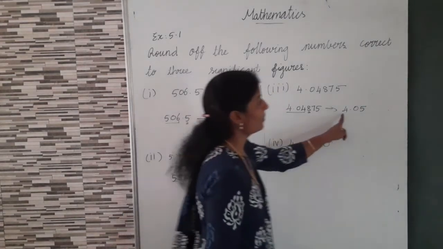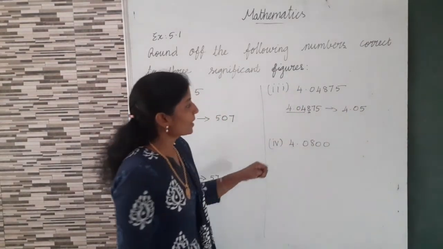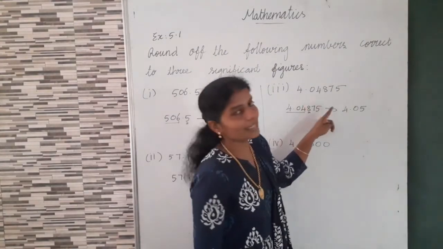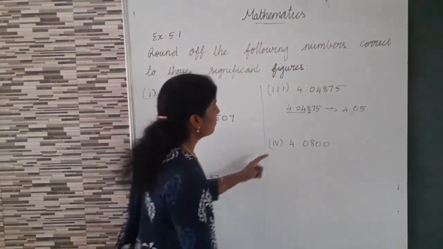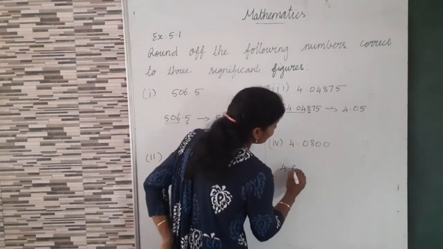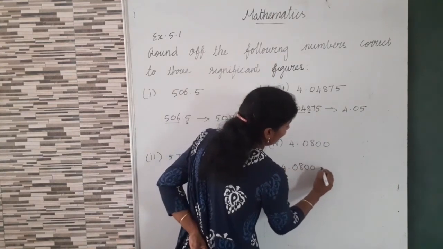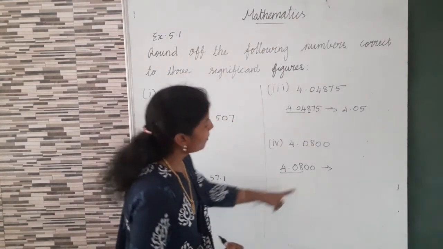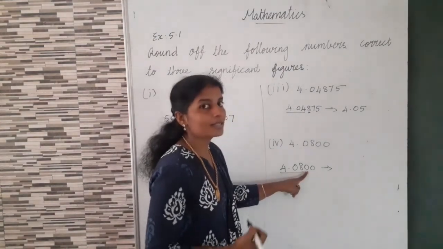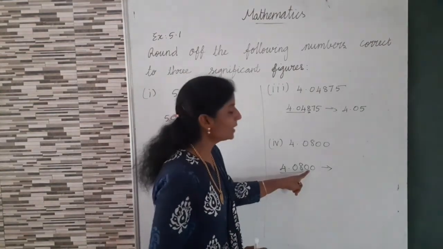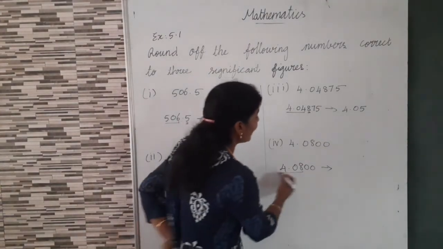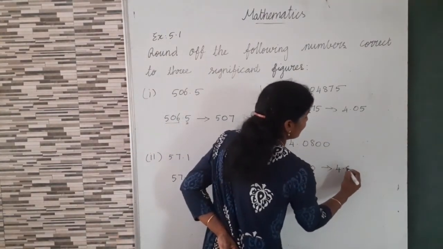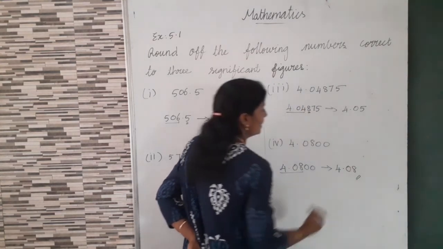Did you get 3 significant figures? Okay. This n plus 1th term, then remaining digit we can omit it. Isn't it? Now fourth one, 4.0800. Now we need only 3 significant figures. Now here fourth one is 0. This is less than 5. So no need to add any number here. We can write this 3. This 4.08 is the answer.